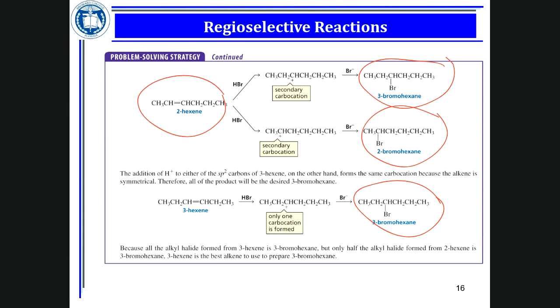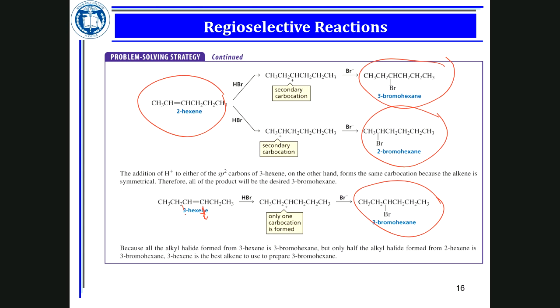So you could get the plus charge on carbon 3 from this end or carbon 3 from the other end, and either one of them would give you 3-bromohexane.